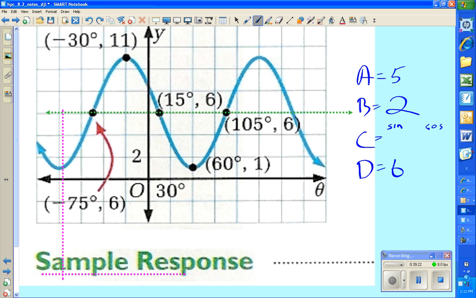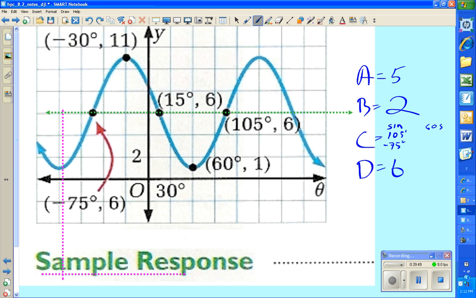C is the commitment one. If we're doing sine, what would you like C to equal? Not for a sine, it's not. 105 would be 1, or negative 75 would be the other, based on the picture.